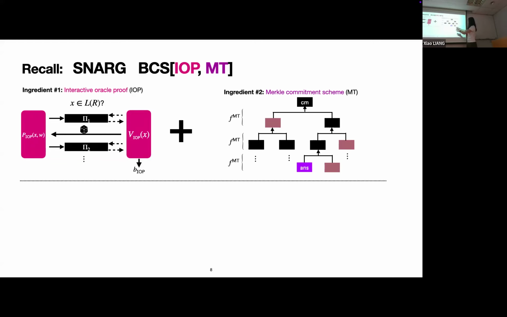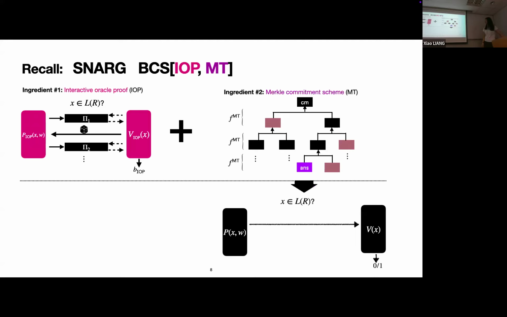And it allows you to open some specific location in your long proof message string. So if I want to open the nth location, it will basically provide an opening proof for your location. It will output these squares that allow you to later check if this is the correct opening.